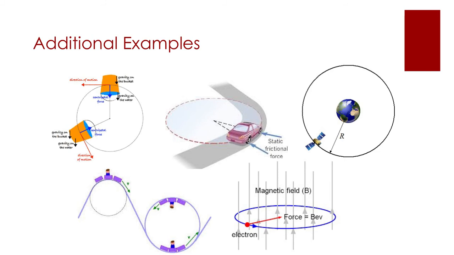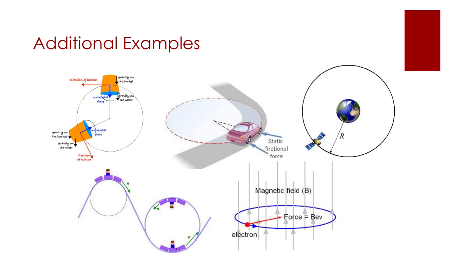In this case, it must be from the friction between the wheels and the road. Pay attention to what direction these arrows are pointing here, towards the center of the circle. In the picture on the right, we have the force due to gravity that's attracting our satellite towards the Earth. We'll even do more work with the force due to gravity in this kind of situation later on in this topic.